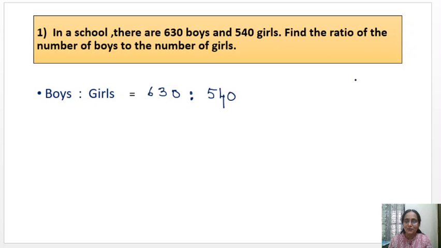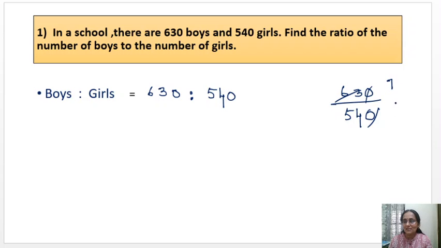You know how to bring it to the simplest form, how it is written in fraction form. The first term should be written as the numerator of the fraction and the second term should be written as the denominator. You know how to cancel the fractions and write the simplest form.